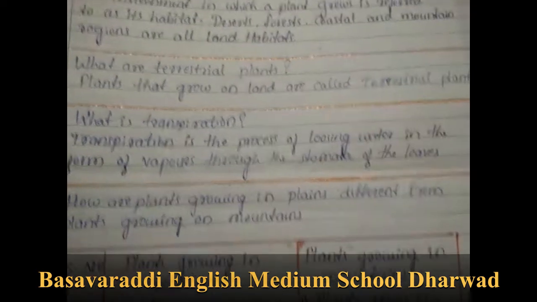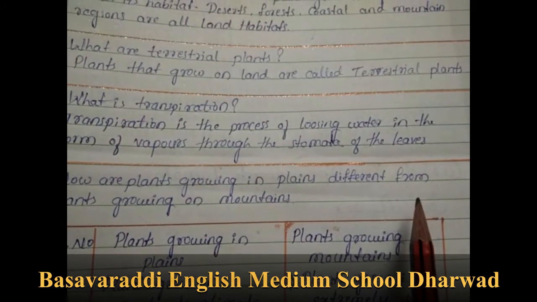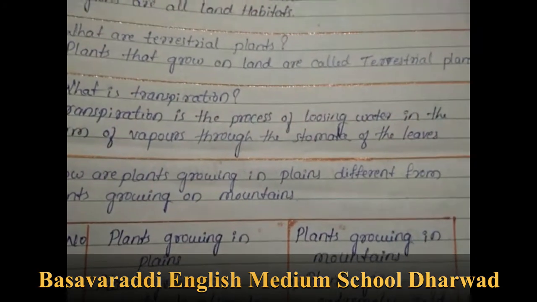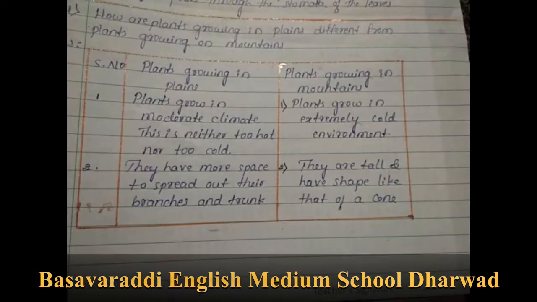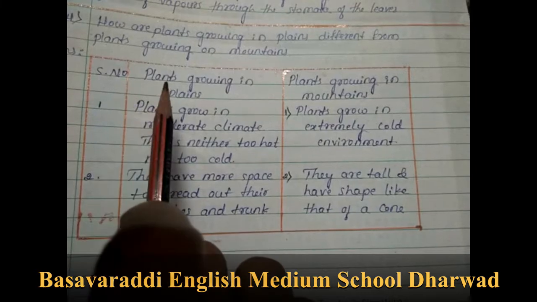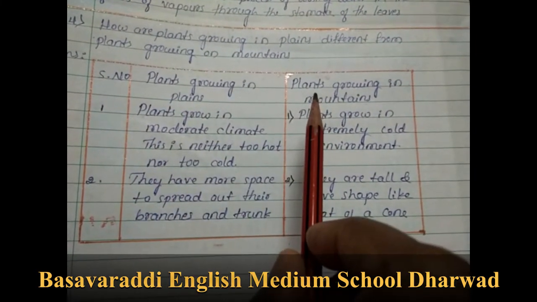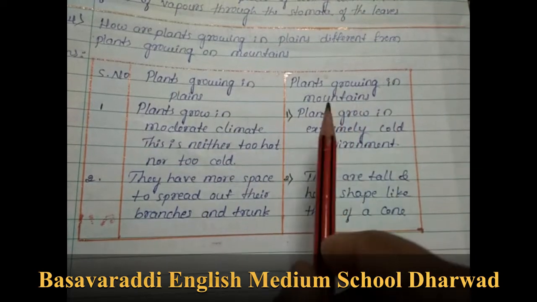The fourth one, how are plants growing in plains different from plants growing on mountains? Answer: plants growing in plains, and plants growing in mountains.